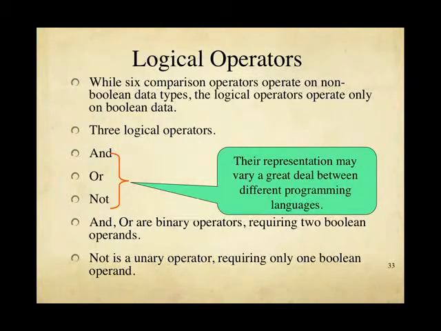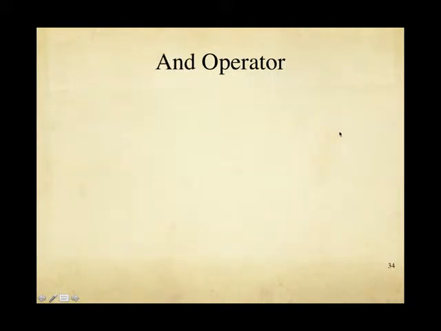A unary only has 1 operand. Most of the time, the operator is on the left, the operand is on the right. But of course, there are some variations on that. Okay. And their representation may vary a great deal between programming languages.